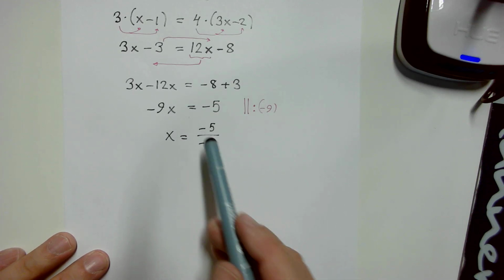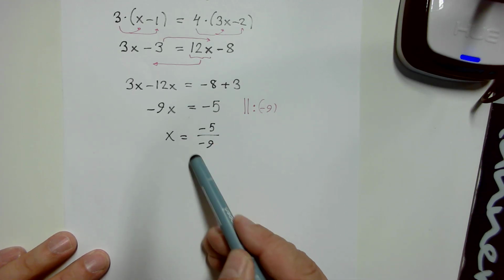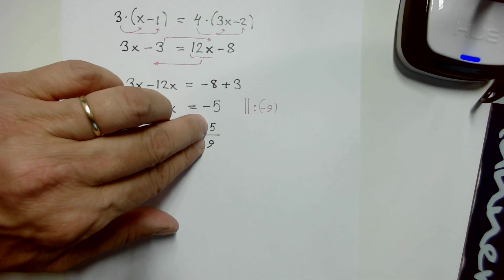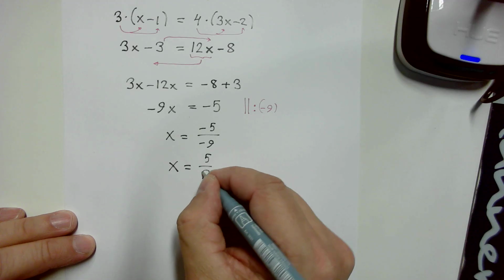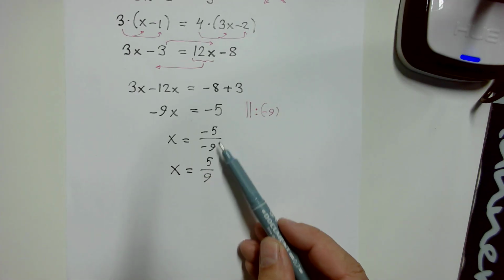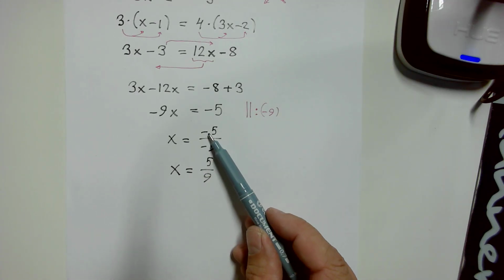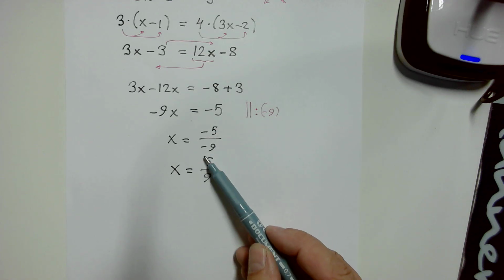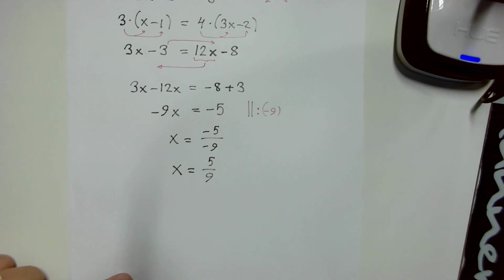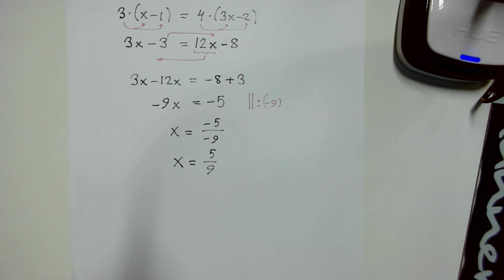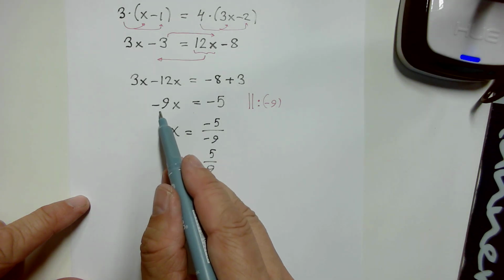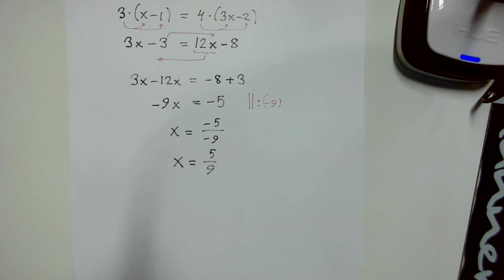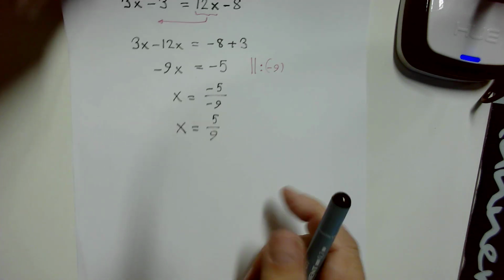Technically it is the same as somehow cancelling these minuses away, so we get 5 divided by 9. It is the same as was said: if we multiply both of these with minus 1, then we get plus 5 and plus 9, so the sign changes. It would be more clear if we do it in a step process: when you have minus 9x equal to minus 5, we multiply both sides by minus 1, so it's a little simpler to understand.